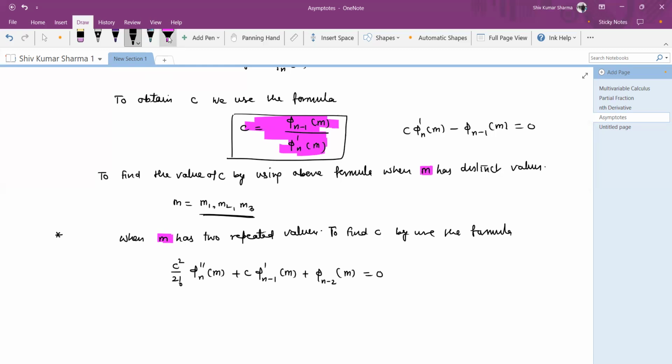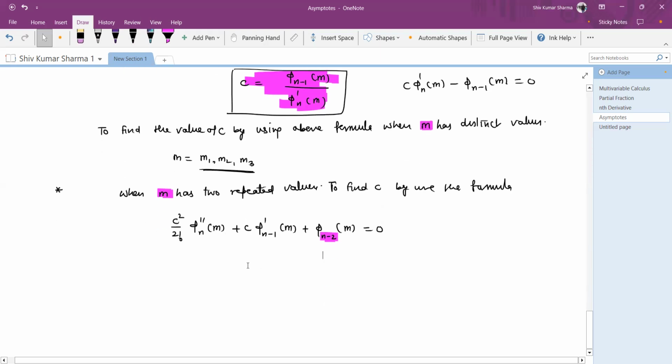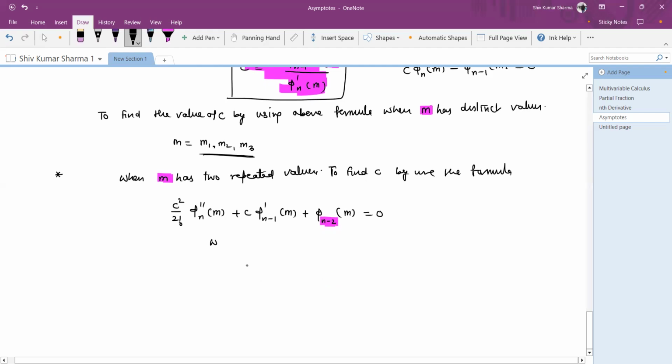Here we use phi n minus 2, which means we require the next highest term coefficients also, by putting x equal to 1, y equal to m in the n minus 2th degree term.